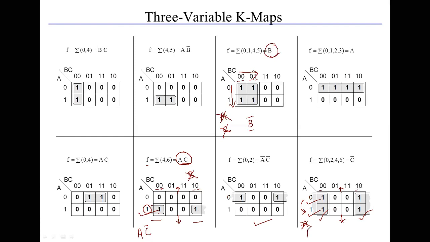So B is also changing from 0 to 1, so we have to remove it. Let us see about the C. C is 0 here and C is 0 here. That means it is remaining as C bar. So the only variable that is not changing across the quad is C bar. Why C bar? Because the value is 0. Therefore it is C bar. So the final output of the equation is C bar.